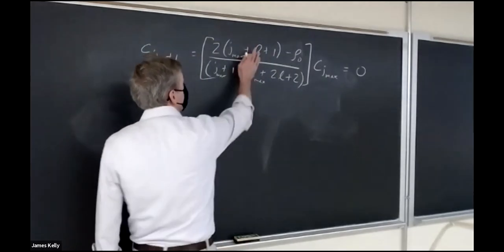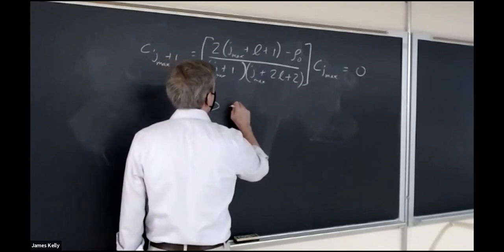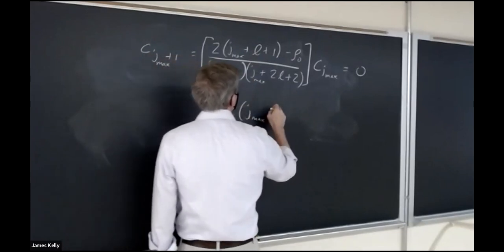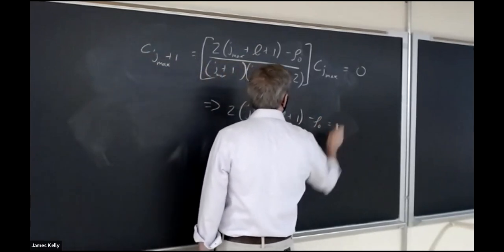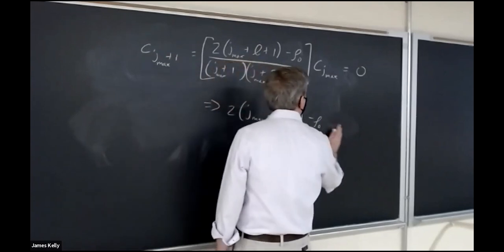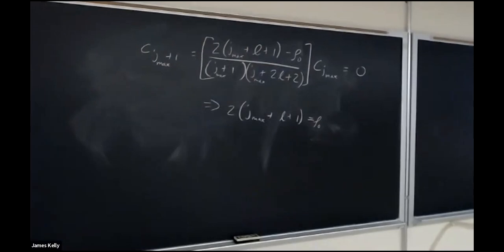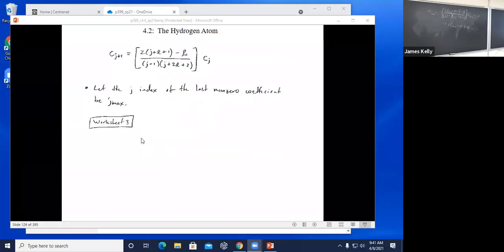So if a ratio is going to go to 0, this means the numerator has to go to 0. 2 times j max plus L plus 1 minus rho 0 is equal to 0, or this is equal to rho 0. Okay. So that's the relation that's being suggested there, and we're going to use that fact.